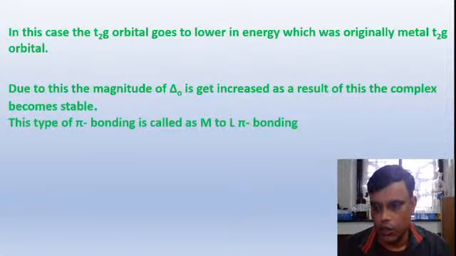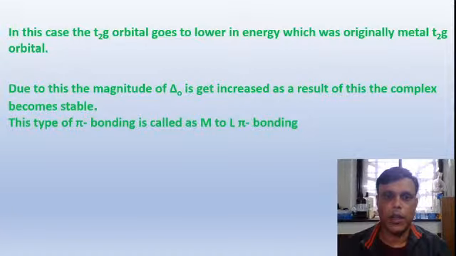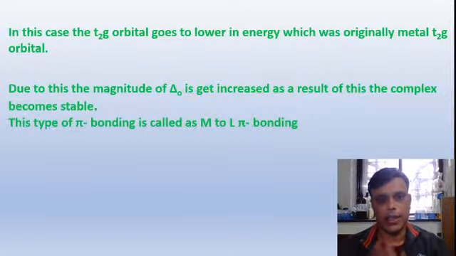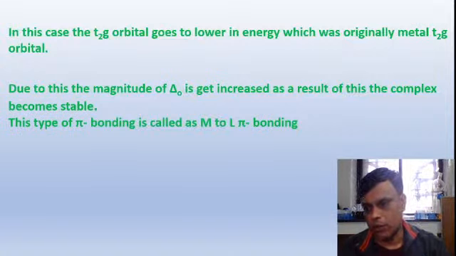Please remember this. So these two cases are there in molecular orbital theory with pi bonding. First case is ligand to metal pi bonding, and another case is metal to ligand pi bonding that we have seen.